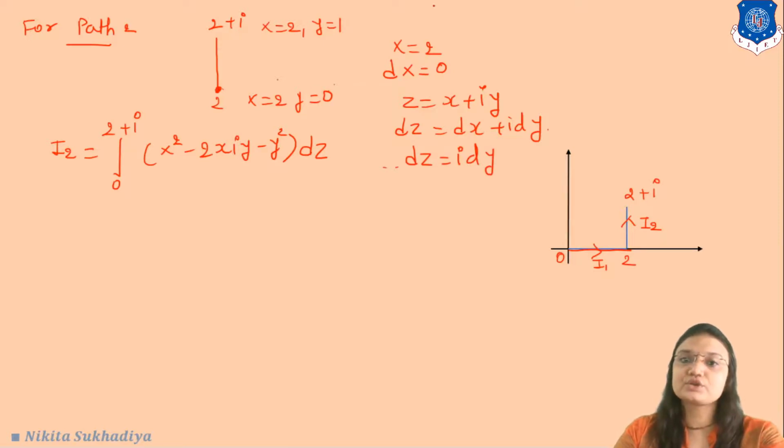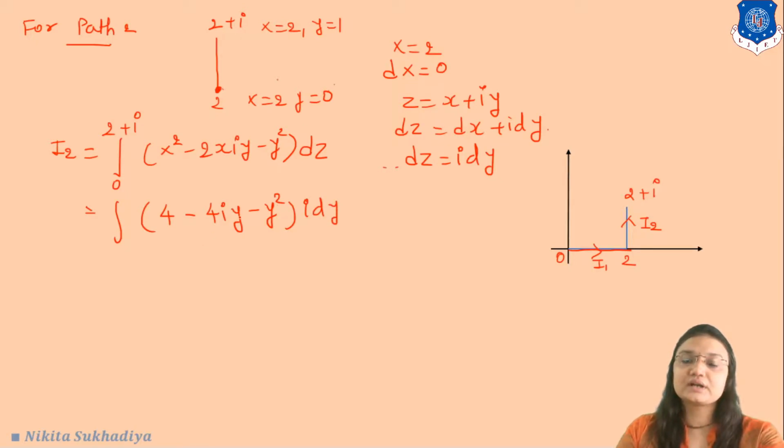Now substitute x = 2 and dz = i dy. Putting x = 2, x² becomes 4, and 2xiy becomes 4iy, minus y² as it is, and dz = i dy.